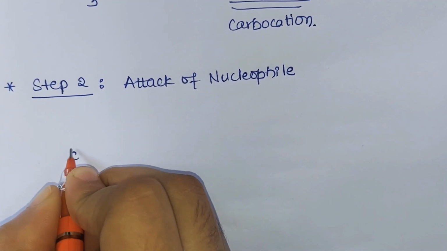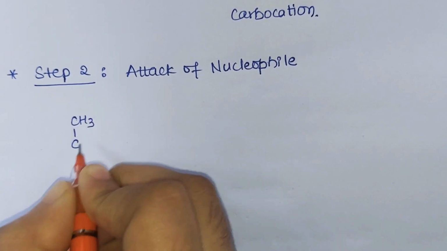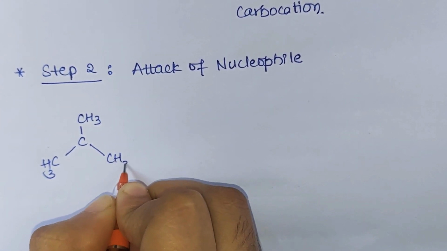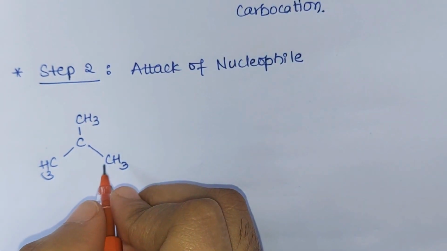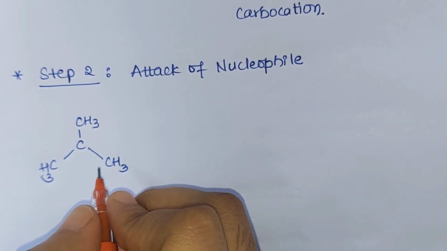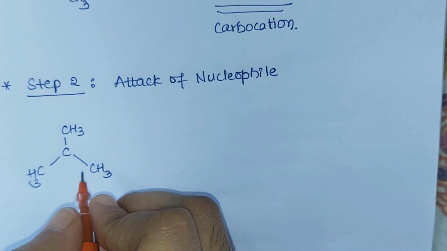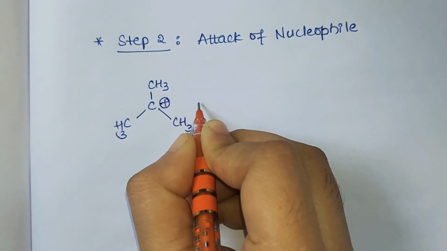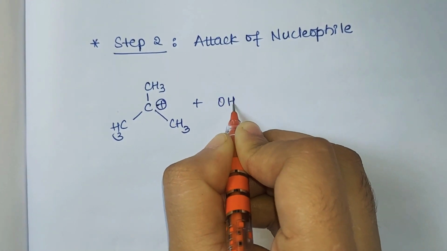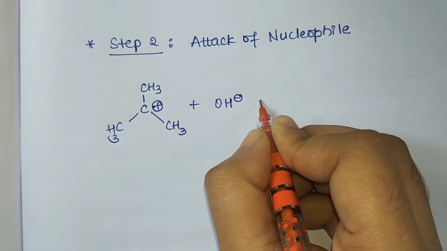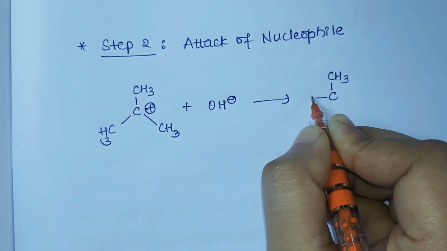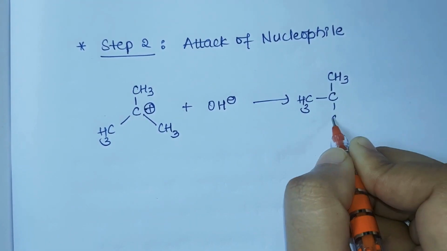One of our reactants is the carbocation, CH3, CH3, CH3 with the carbon having a positive charge. If you don't write the positive charge, you will lose the mark. So the positive charge is important here. Plus OH minus. The nucleophile will attack the carbocation and the product obtained will be a tertiary alcohol, because the OH group gets attached to the tertiary carbon atom.